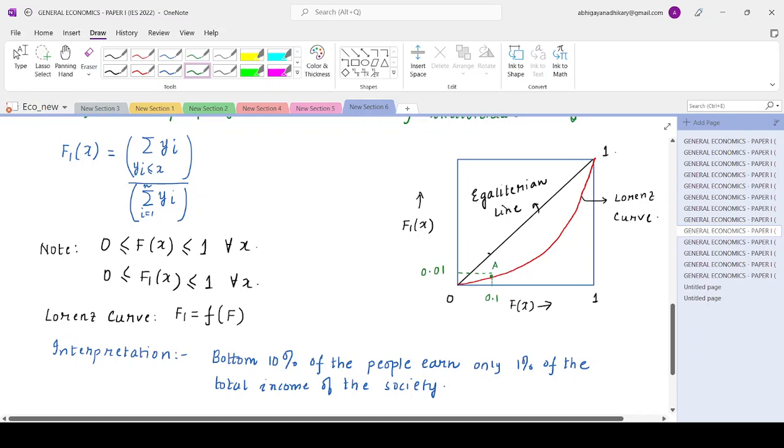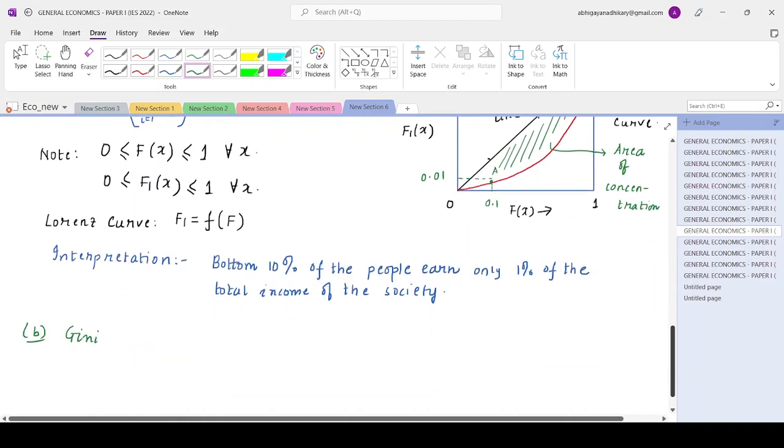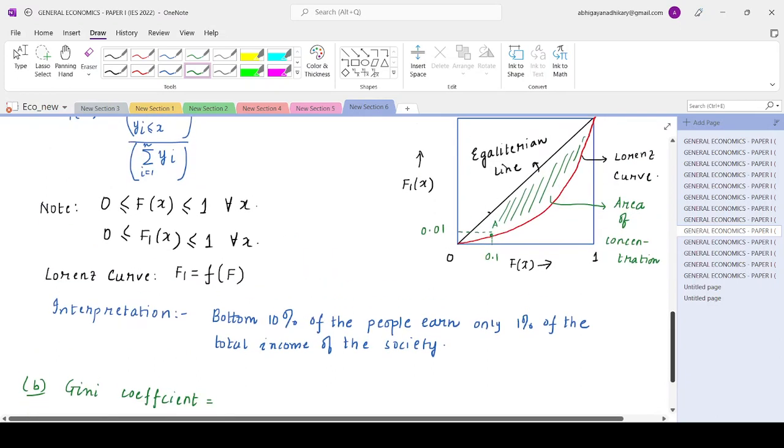So this area is a measure of how far the Lorenz curve is from the line of equality, so it's often known as the area of concentration. The Gini coefficient is basically defined as a particular ratio.